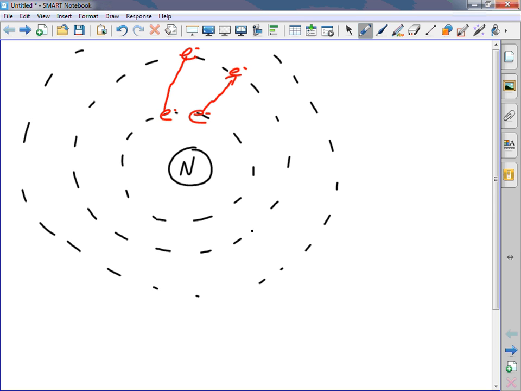Okay? I need to put them in an energy level that they can hang out in very well. So maybe I've got to give it a little bit more energy to get them up into, let's say, the 3rd ring, or the 4th ring. Basically, I need to get them up into a metastable state.